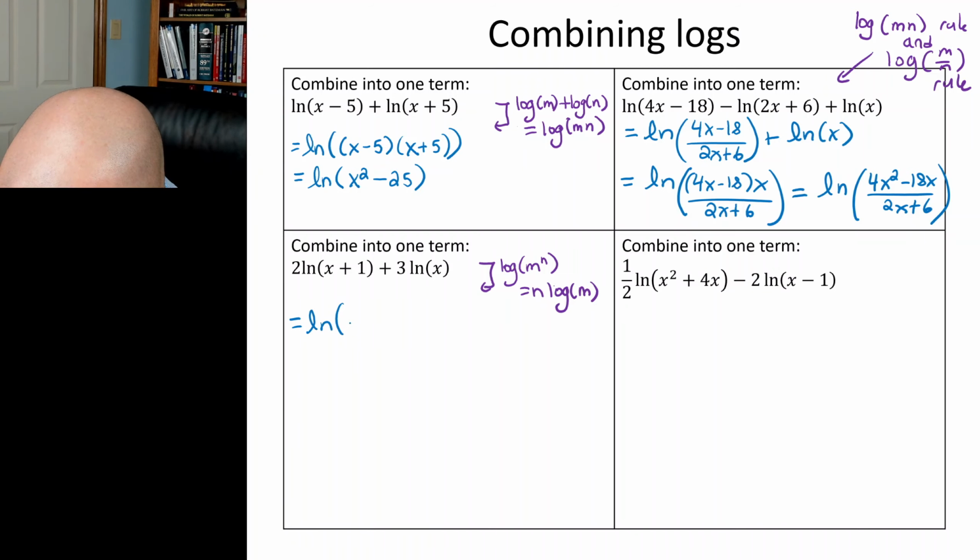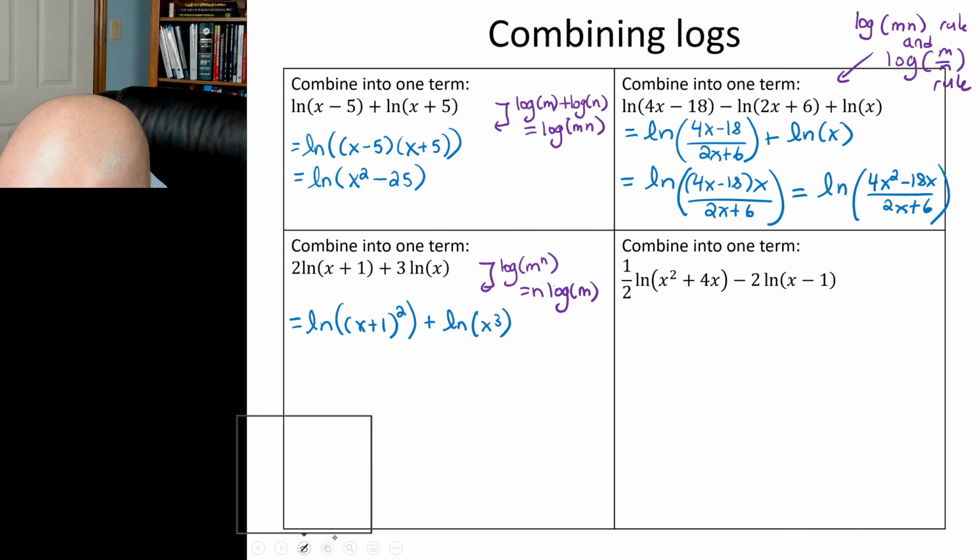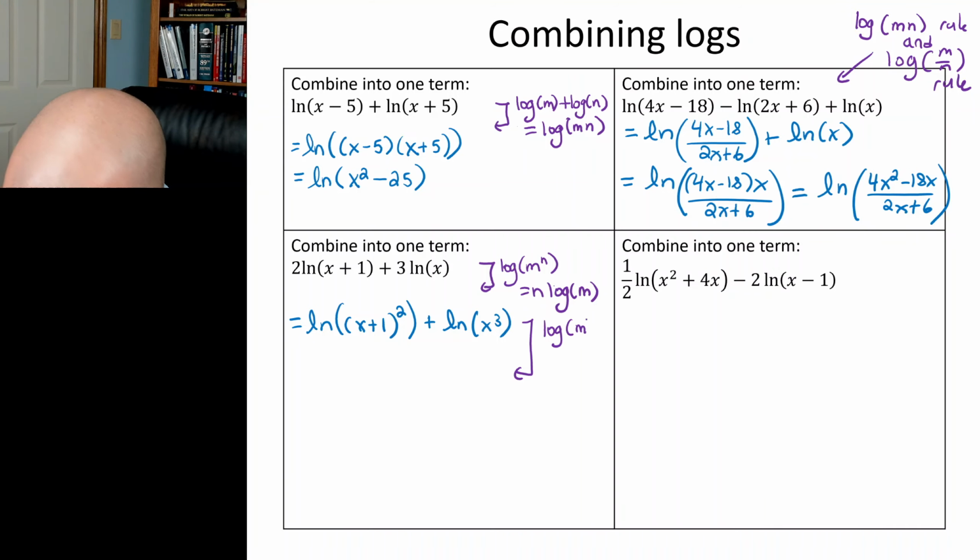So the ln of x plus 1 all squared plus the ln of x all cubed. And now we can use the rule to combine the pieces. We have the log of m plus the log of n is the log of m times n.